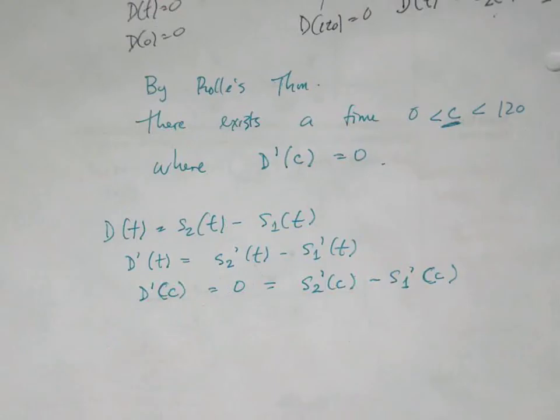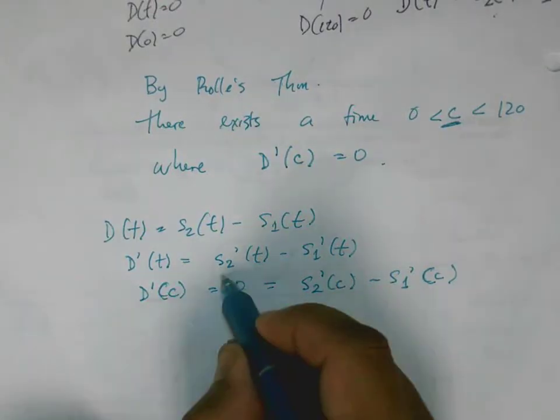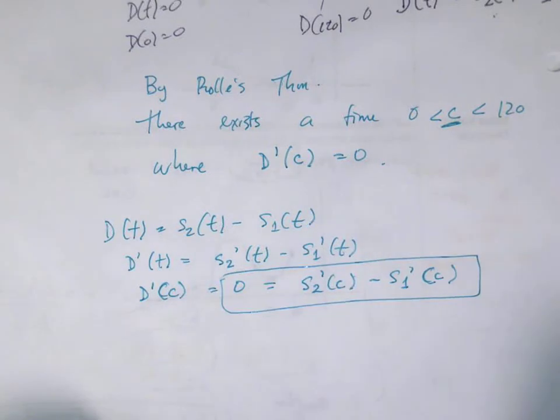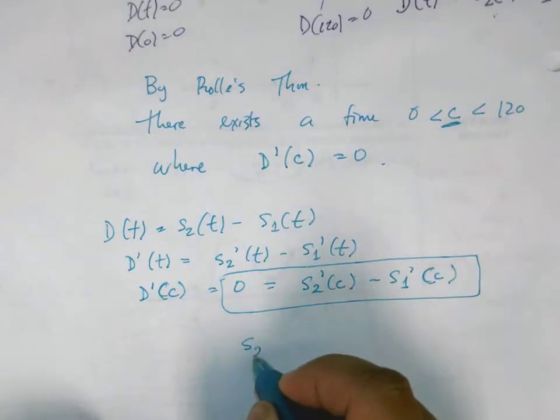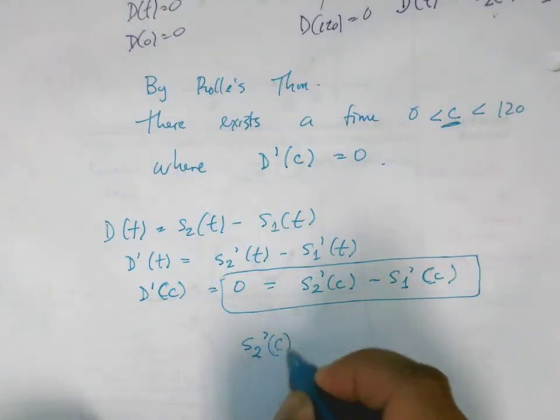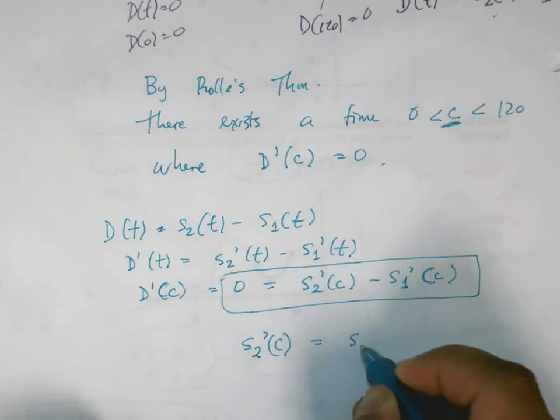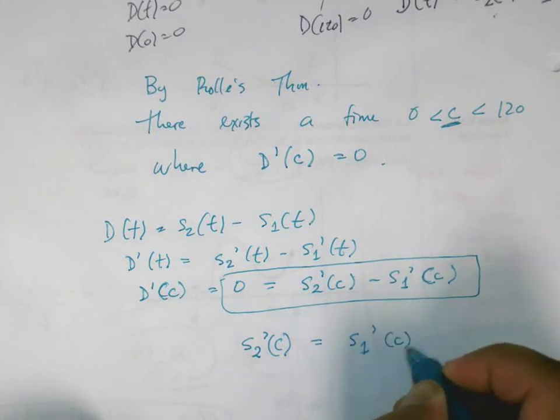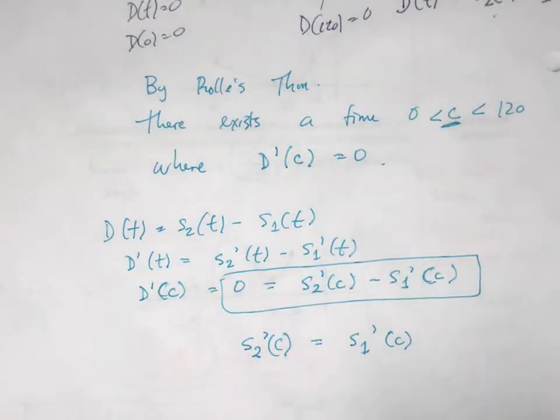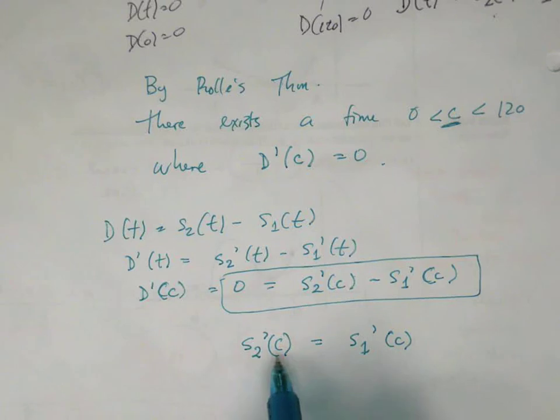So we continue with this part. This part right here tells us then that s2 prime of c equals s1 prime of c. In other words, at some point C, the derivative of the position of biker 2 is equal to the derivative of the position of biker 1. Okay?